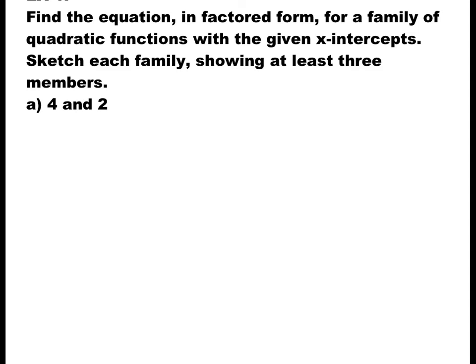In the first example, we have a parabola or quadratic function which goes through the points 4, 2, or points 4, 2 are the zeros or the x-intercepts of the parabola. We are supposed to find the equation of the family of quadratic functions that satisfy this condition.